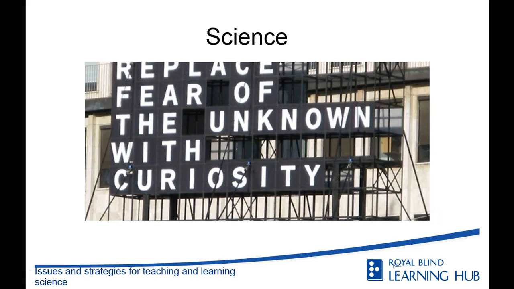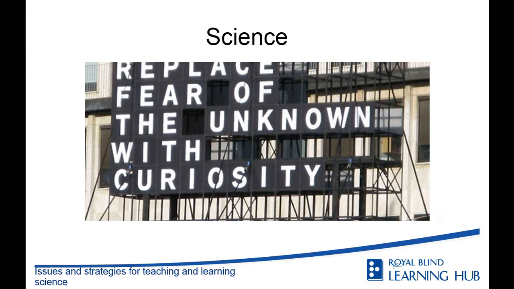Obviously, as a science teacher, I am very keen on teaching science, and I feel it's a very important subject in the curriculum. I think for a visually impaired learner, it has real benefits. If you remember back to your own science classroom, you'll remember doing lots of experiments and working collaboratively with your peers.